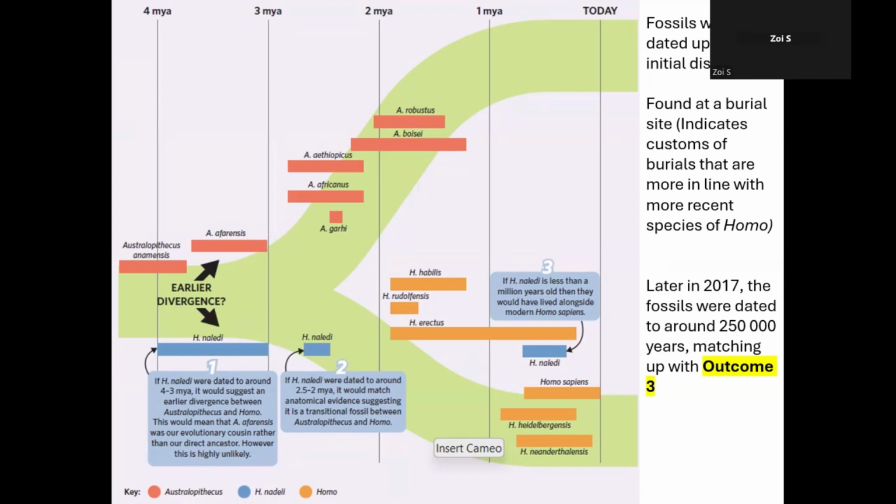These are all information that we can use to interpret where it could have ended up within the evolutionary relationship tree. So only then can we make a conclusion.